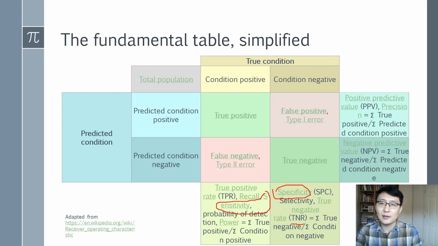Likewise, the PPV is the number in this cell divided by the sum of this row. That is, the number of true positives out of predicted positives. As I said, this is a fundamental table we're going to use.